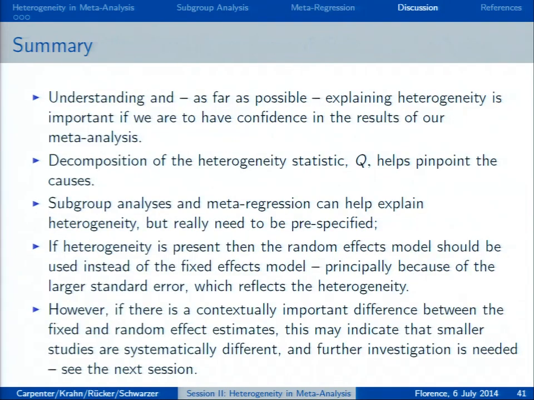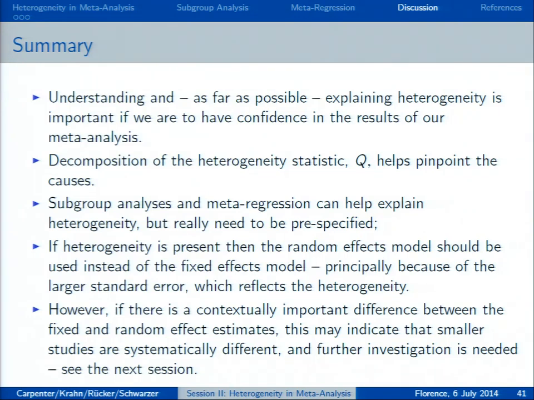Okay. So we don't want to do a fixed effects analysis if we're at all concerned about heterogeneity. Instead, we want to understand the sources of that heterogeneity and really adjust our analyses and our inferences appropriately.